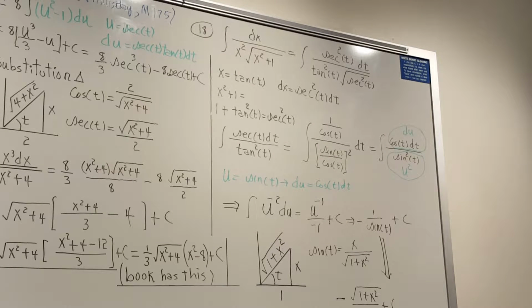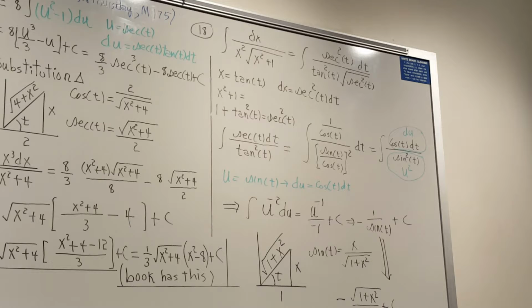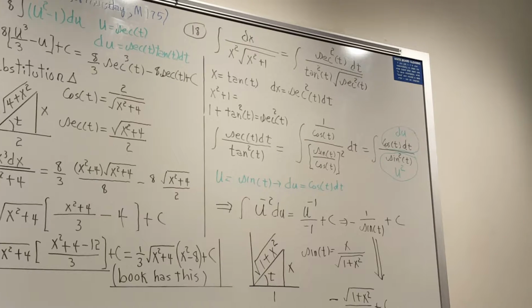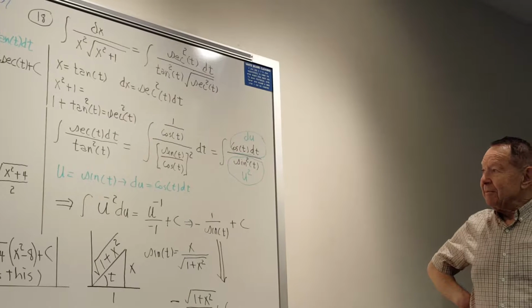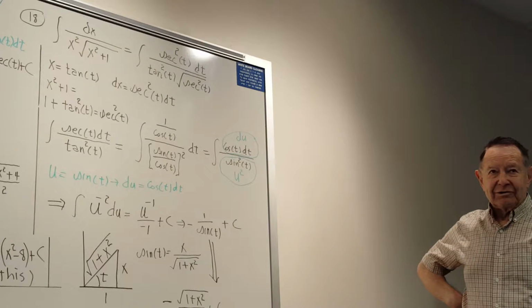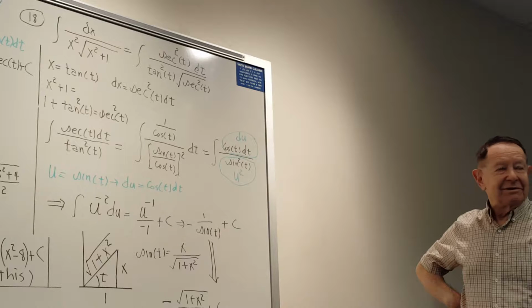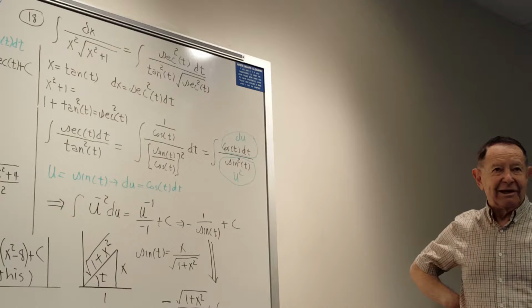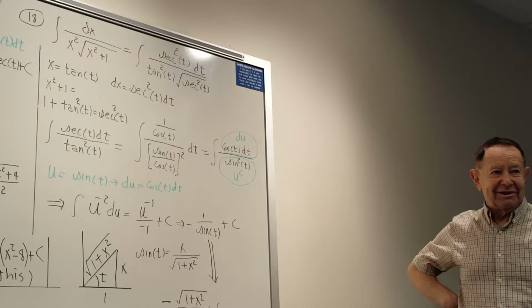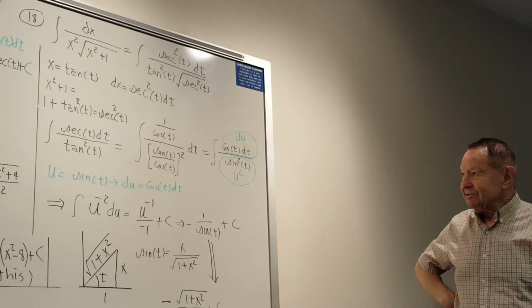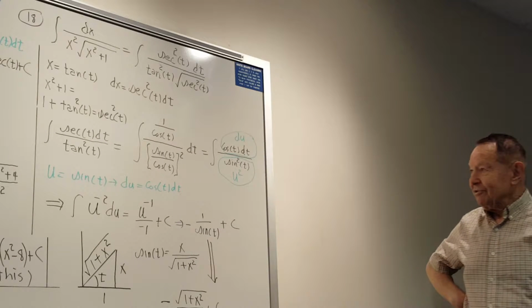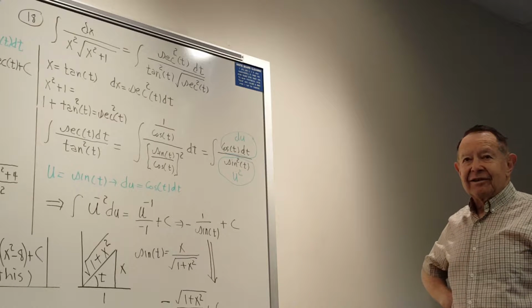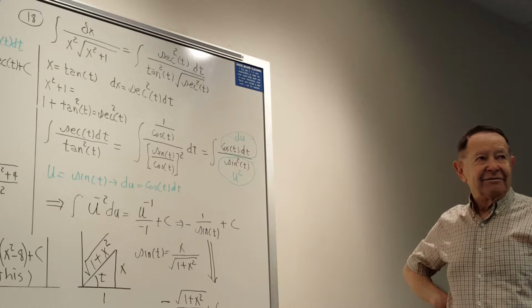So I think the best thing to do with this one, and this is why I thought I'd end up doing it, is to go back to sine and cosine. Sometimes dealing with the other trig functions becomes more trouble than it's worth. Sometimes you can be too clever by half and outsmart yourself, I think. I think this is one where it's really safer to just convert everything back to sine and cosine.